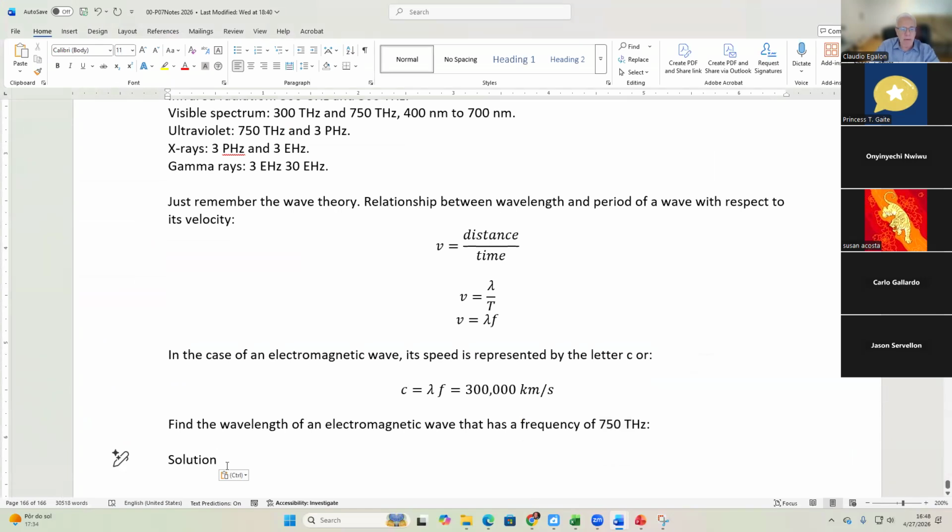Find the wavelength of an electromagnetic wave. Here's the equation for the electromagnetic wave.